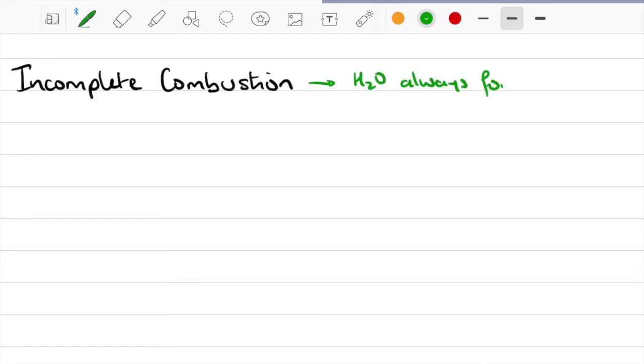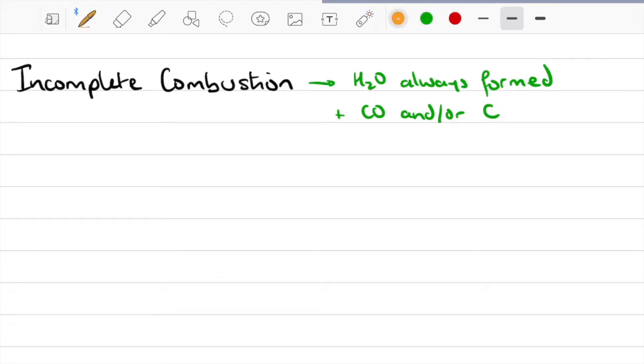So that's no different than complete combustion. But the difference is it's also going to be either carbon monoxide and/or carbon, because it could be either of these depending on the equation, or it could be one of these. So we've got carbon monoxide and/or carbon.